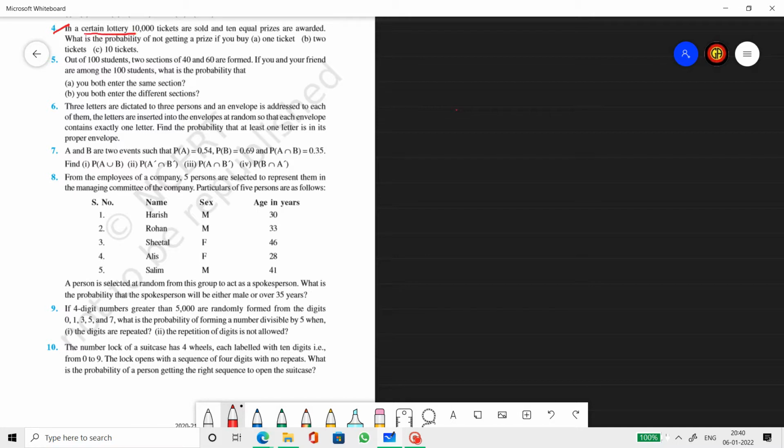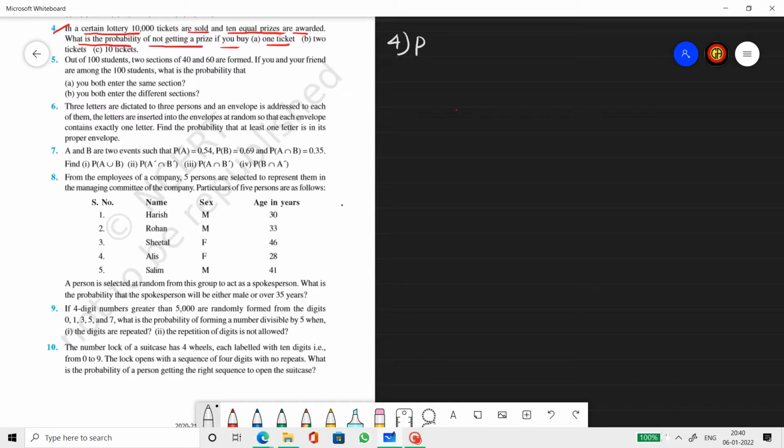In a certain lottery, 10,000 tickets are sold. 10 equal prizes are awarded. What is the probability of not getting a prize if you buy one ticket? You buy one ticket and you don't get a prize. So out of 10,000 tickets, only 10 tickets carry a prize.